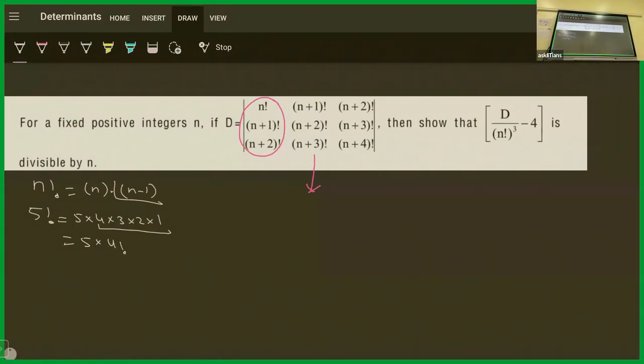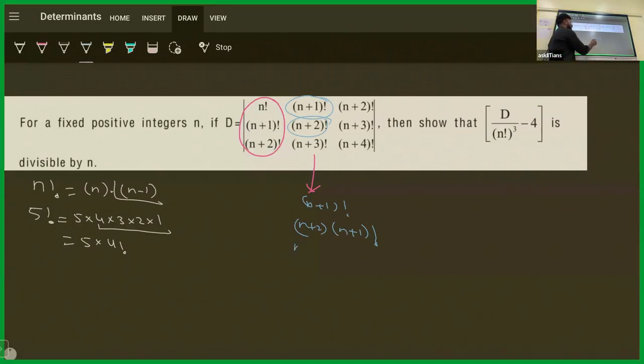Yes. So in the second column, let it be n plus 1 factorial. But in this term, can we write it like this: n plus 2 into n plus 1 factorial? Yes or no?